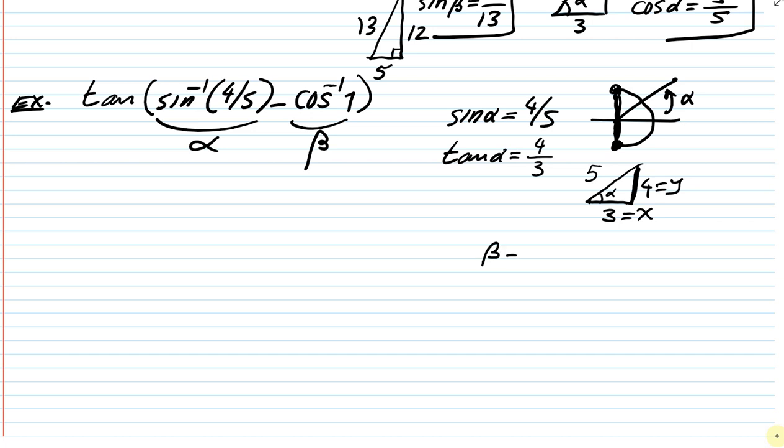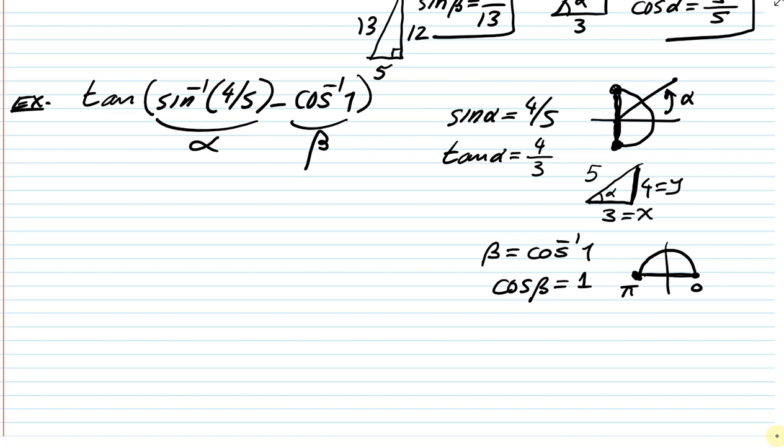Now, let's do cosine inverse of 1. Well, if beta is arc cosine of 1, that means cosine of beta is 1. And cosine of what angle is 1? Well, if you look at the unit circle now, remember, the range of inverse cosine is from 0 to pi.